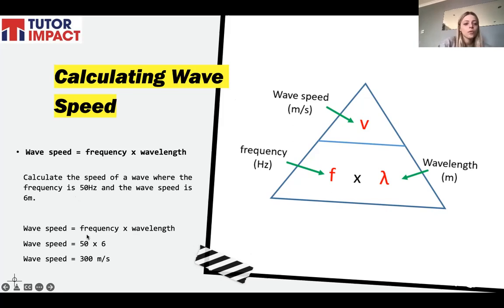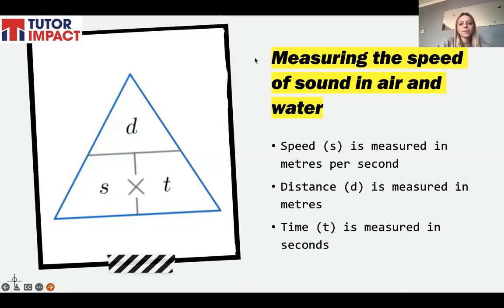We're going to look at one final calculation, and that is measuring the speed of sound in air and water. Again, we have one of these triangles, which you can use to work out any of these components. So we have S, which represents the speed measured in meters per second. We have the distance, which is measured in meters, and we have the time, which is measured in seconds.